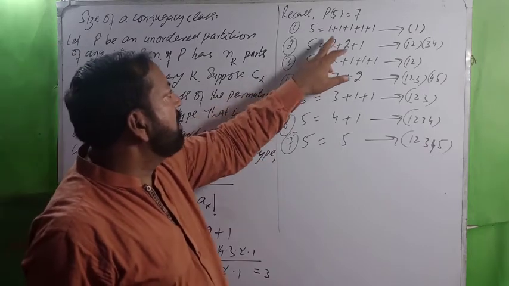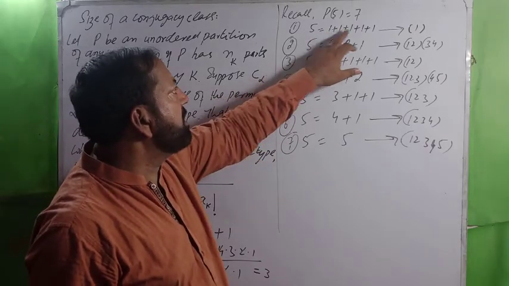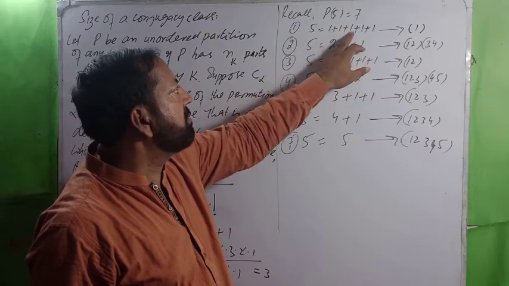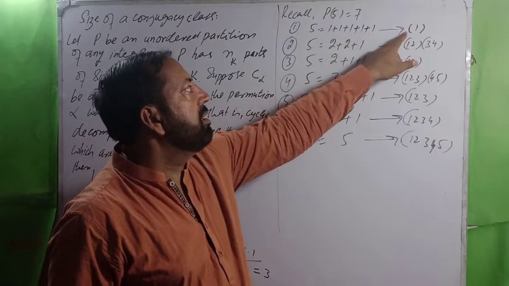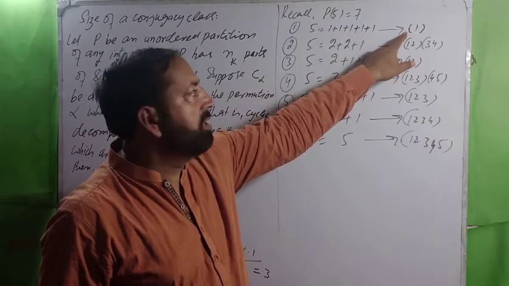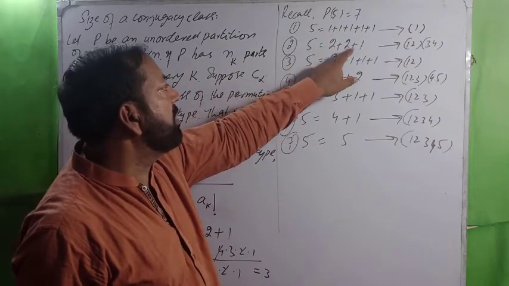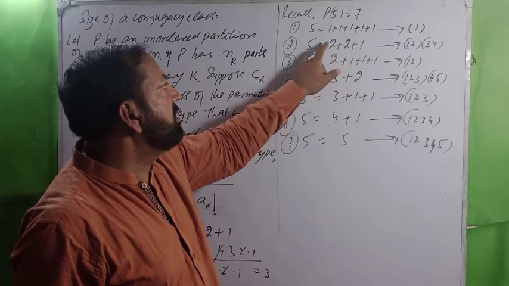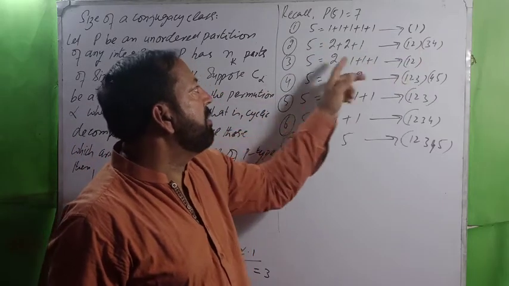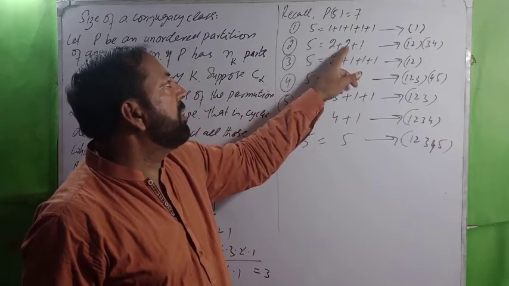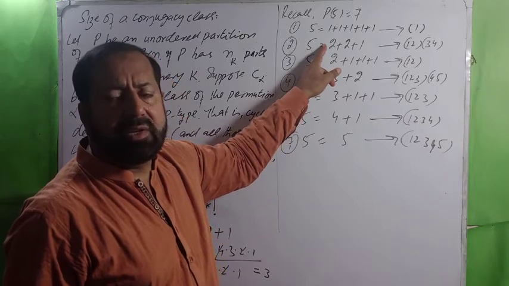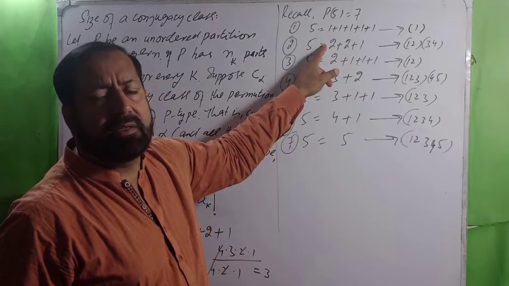Also see that if you have a partition of the type 1 plus 1 plus 1 plus 1 plus 1, it means this is the identity, right? And if you have a partition of the type 2 plus 2 plus 1, this means its type is (1 2)(3 4), I mean 2 permutations of 2 cycles of size 2.